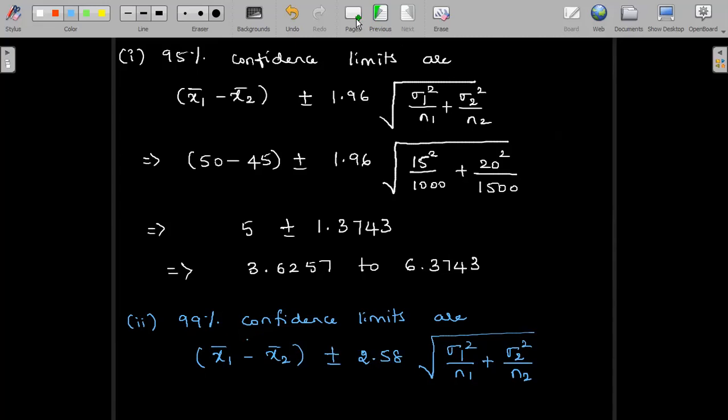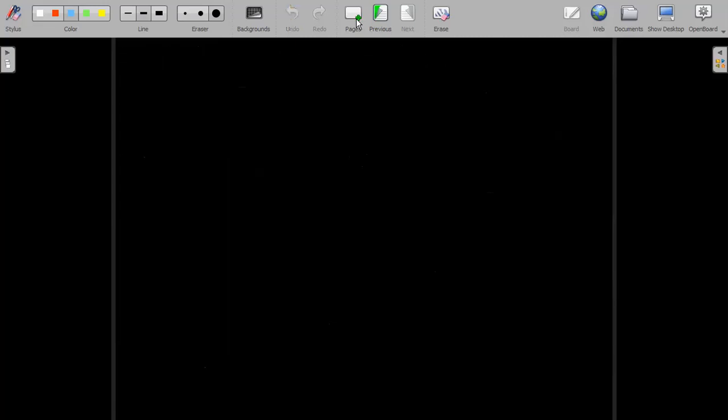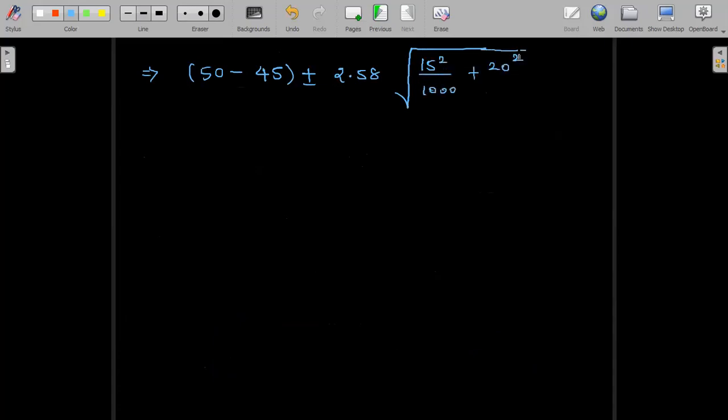x1 bar minus x2 bar. So the values here are 50 minus 45 plus or minus 2.58 into square root of 15 square divided by 1000 plus 20 square divided by 1500. And this gives us 5 plus or minus 1.8091.